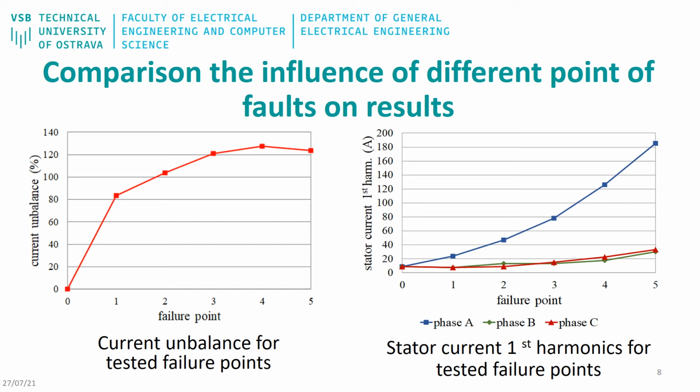When we express stator currents, we can see that point 1 is the least unfavorable and point 5 is the most unfavorable. This also applies to the influence of the affected phase on the unaffected phases, as can be seen from the picture on the right side of the slide.